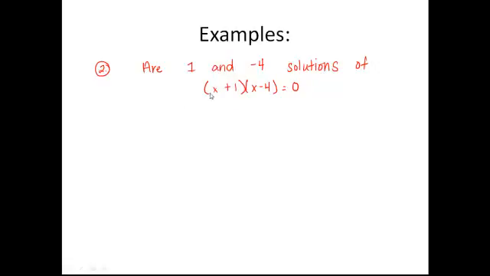Well, the zero product property states that if these multipliers are equal to 0, then one or both of these factors would have to equal 0. So let's solve it. Let's subtract 1 from both sides. x is equal to negative 1, and in this case, when you add 4 to both sides, x is equal to 4. So these are the solutions.